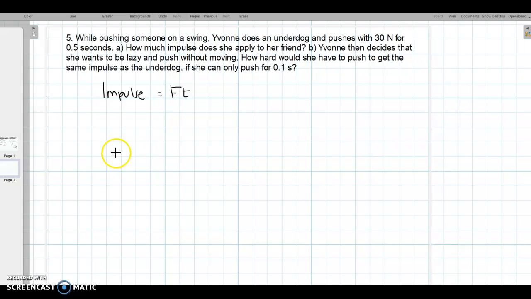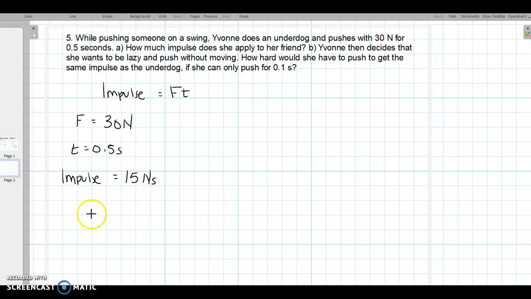So again, force is measured in newtons, time is measured in seconds. So we are given a force and we are given a time. This is 30 newtons and the time 0.5 seconds. So what is the impulse? You just have to multiply those two together. So go ahead and try that out now. You should get 15 newton seconds.